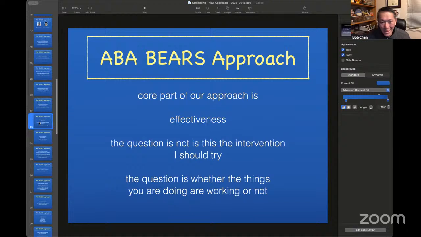Probably it will, but I can't guarantee anything. However, what I do is, based on the situation, craft an intervention that I think is going to be very effective with the child. But no matter how much I love the intervention, at the heart of it, I only care whether it's effective or not. If it's not, time for that intervention to go.